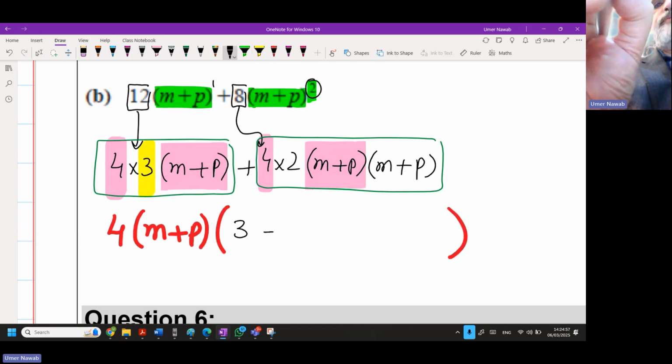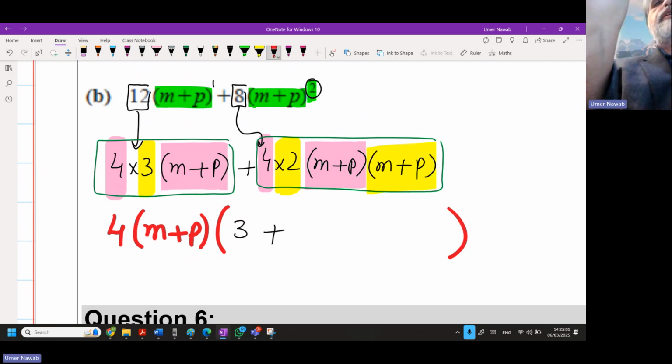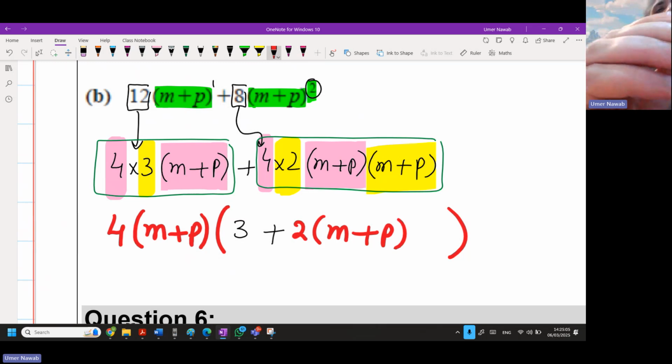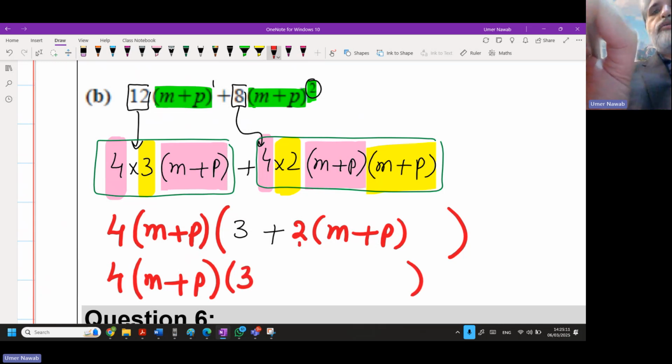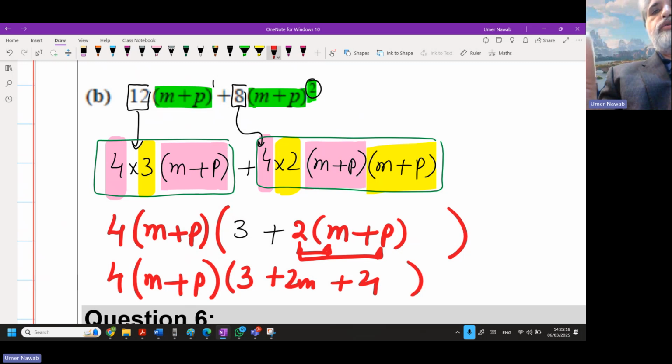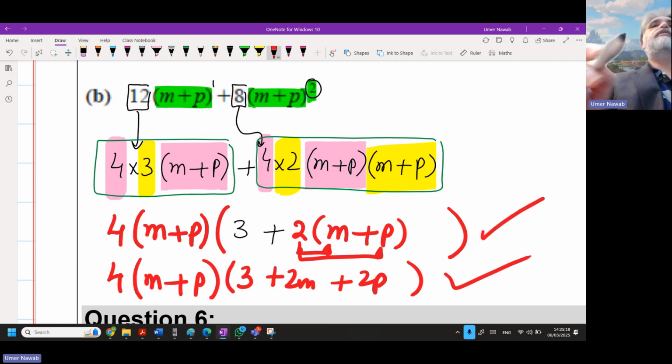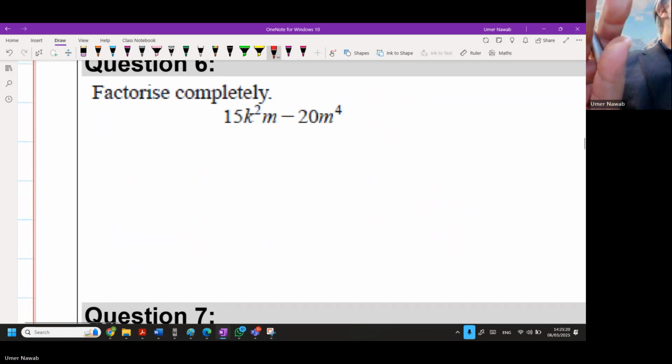I write 3 plus, and then 2 along with m plus p. Now, some students can expand the brackets. Otherwise, this is good. 2 multiplied with m is 2m, and 2 multiplied with p is 2p. So this is up to you. Both answers are acceptable.